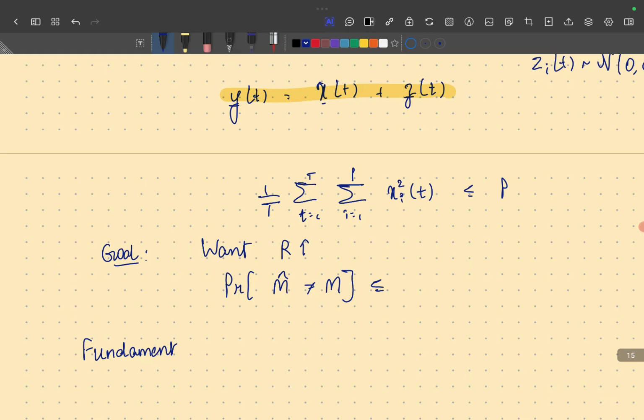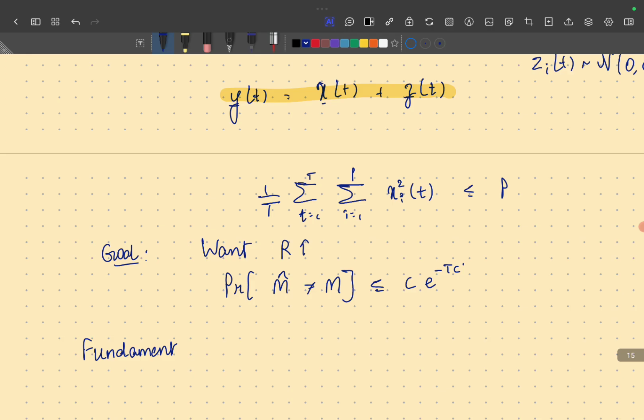So one arbitrary demand is that I want this to be, let's say, some constant times e to the minus T times some constant. So in T channel uses, I want the probability that I make a mistake to decay exponentially in T, or something that vanishes as T tends to infinity.